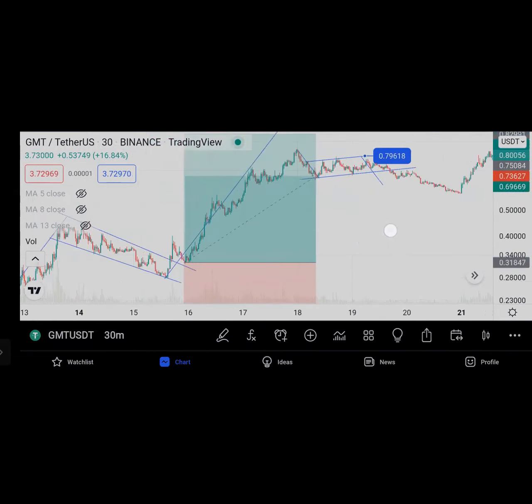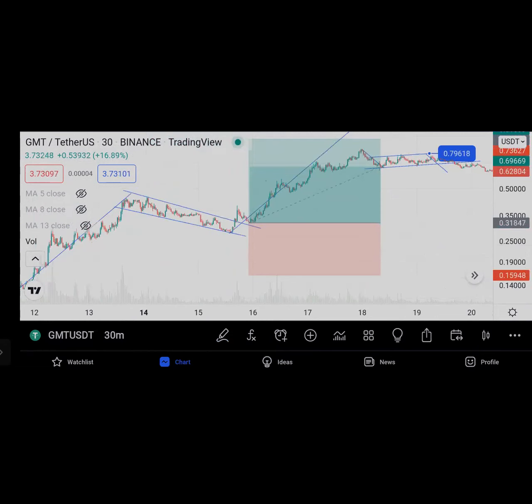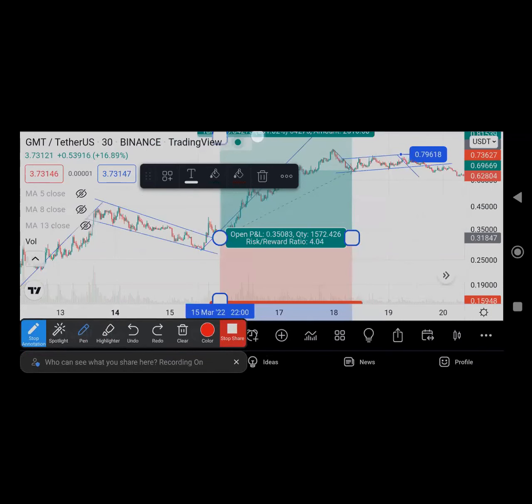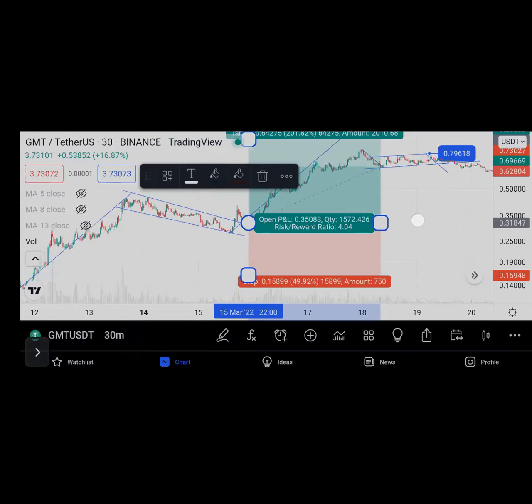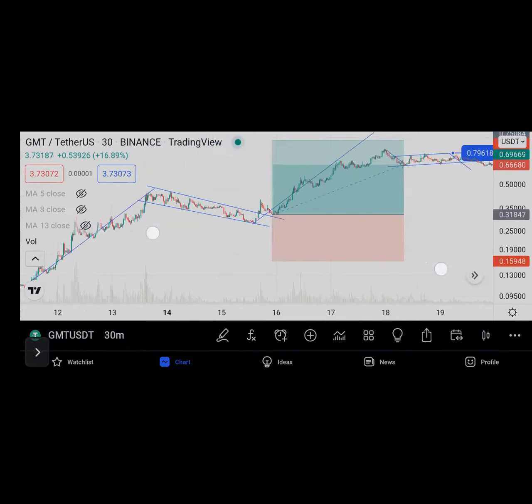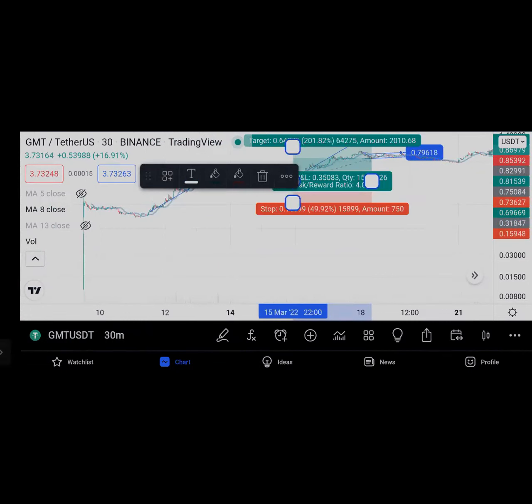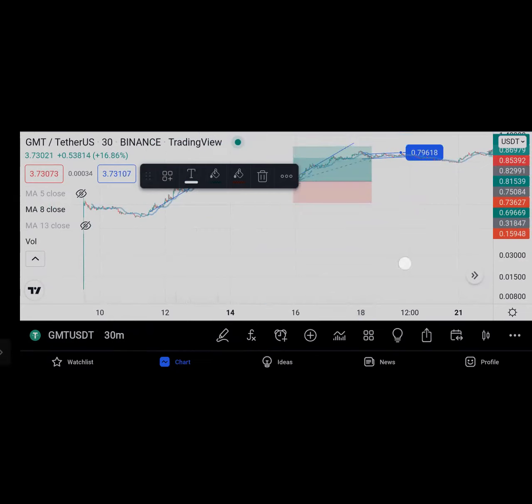This, our TP, is about 200% profit on spot. You can actually see it here very clearly, it is written there. Let me remove this so you can see it clearly. 200%. That's the profit of the TP of this bull flag.